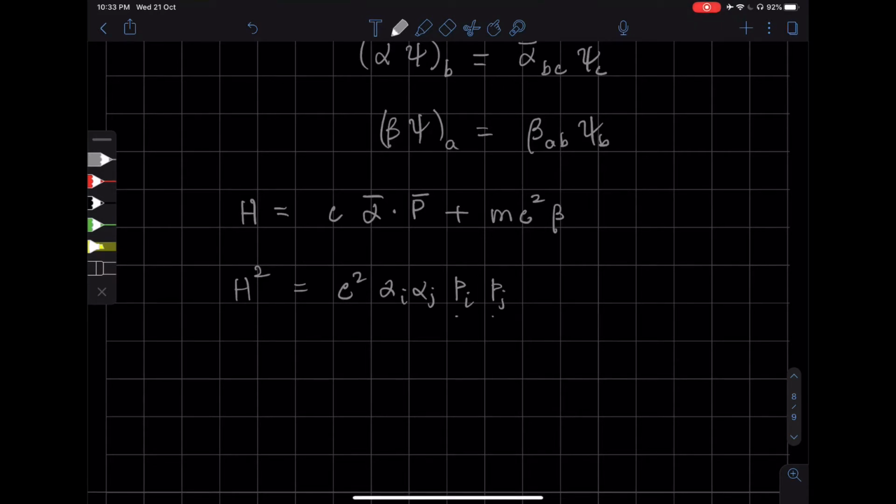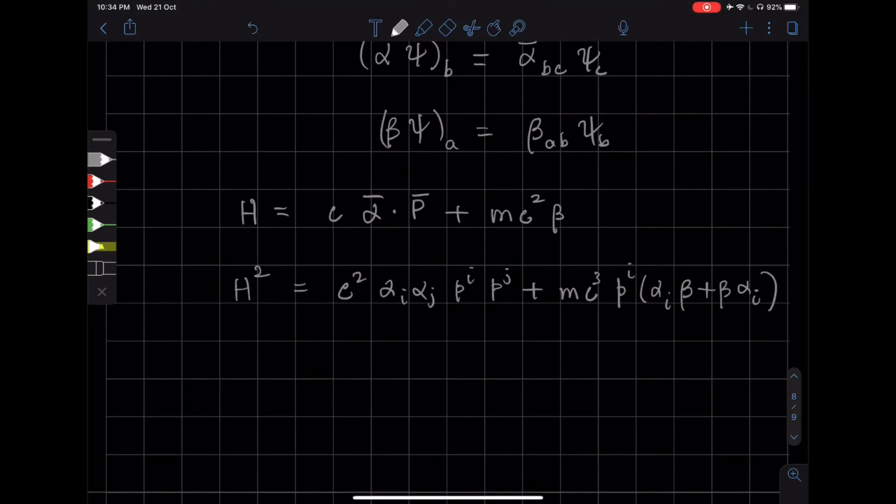And then we'll have a cross term, which is mc cubed, and then p upstairs i, and then we have alpha i beta plus beta alpha i.